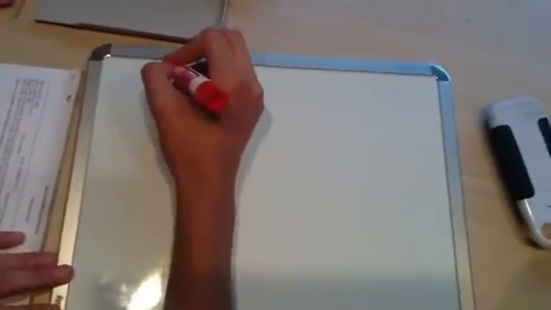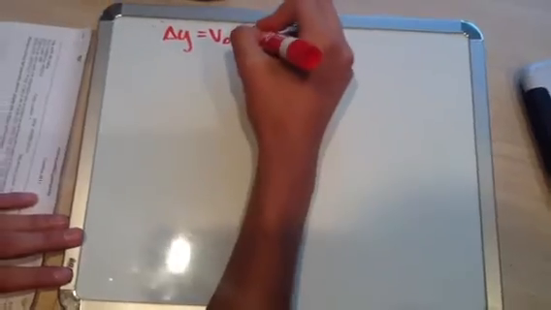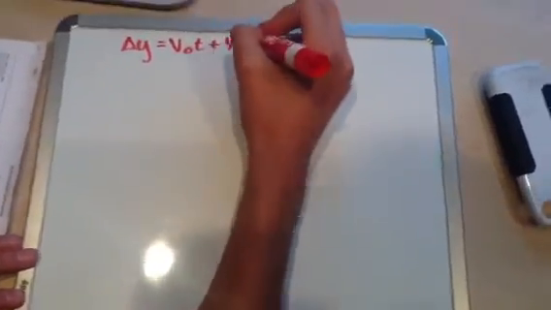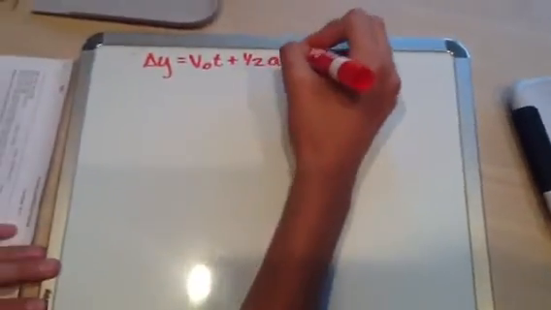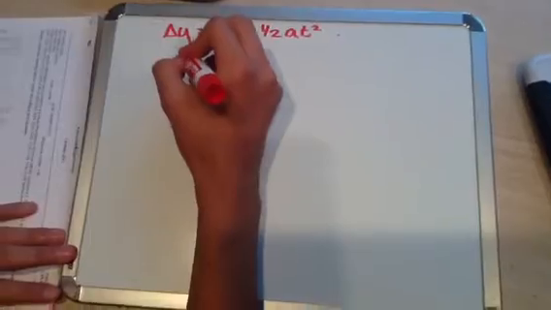Now for the third question, we need to find the maximum height that the rocket reaches. What we have to do is split it into two parts. We need to find the distance it goes while the engine is on, and then combine that with the distance it goes when the engine is not on. Then that will be the answer.